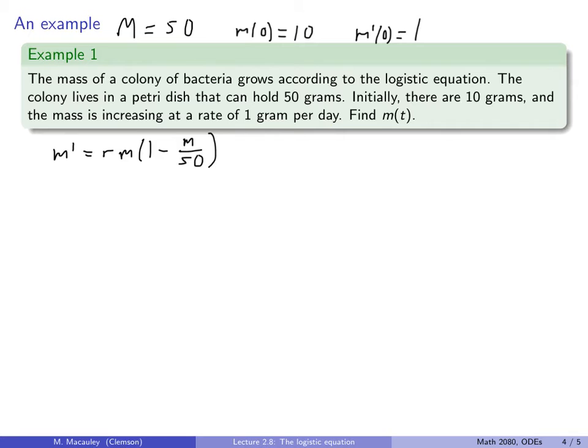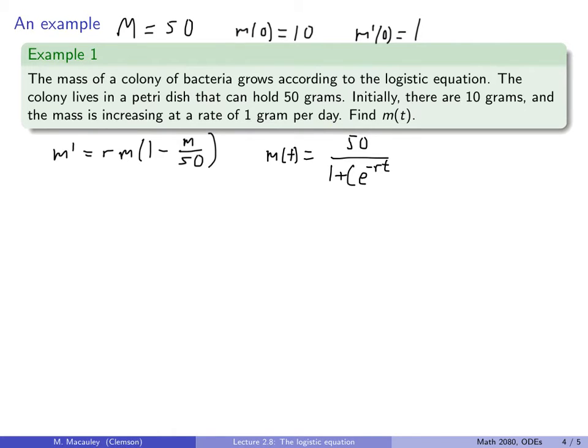This is m of t and m prime of t, not the same capital M that I have up here. Okay, so we know the solution to this. We know that m of t is 50 over 1 plus c e to the negative rt.